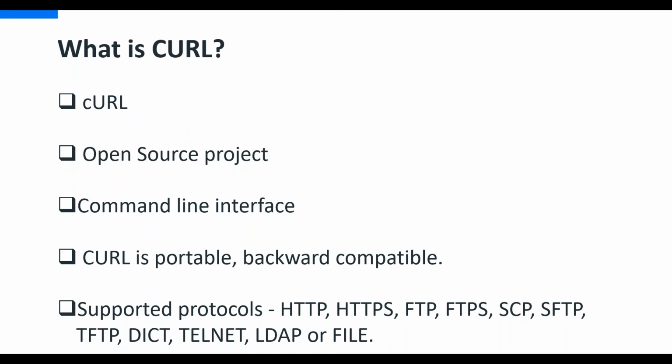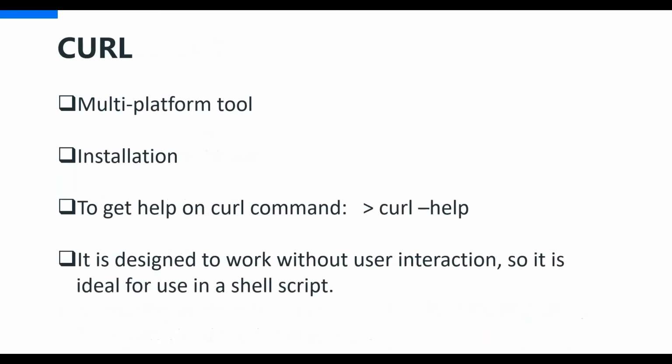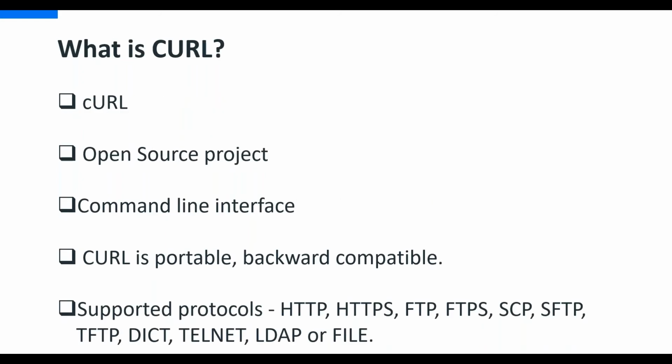Another important feature of curl is that it's portable and backward compatible. What it means is if you have developed code using an earlier version of curl, it will continue to work even with the latest version of curl.